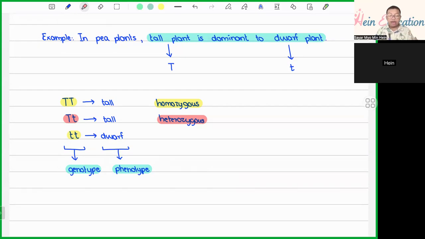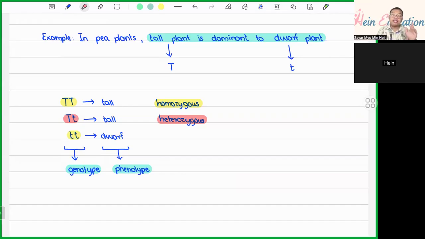And genotype, we got capital T capital T, capital T small t, small t small t. Those are the genotype, and the physical feature that we can see with our eye, let's say capital T is tall plant and small t is dwarf plant, so we can see a dwarf plant, we can see a tall plant, that would be the phenotype.